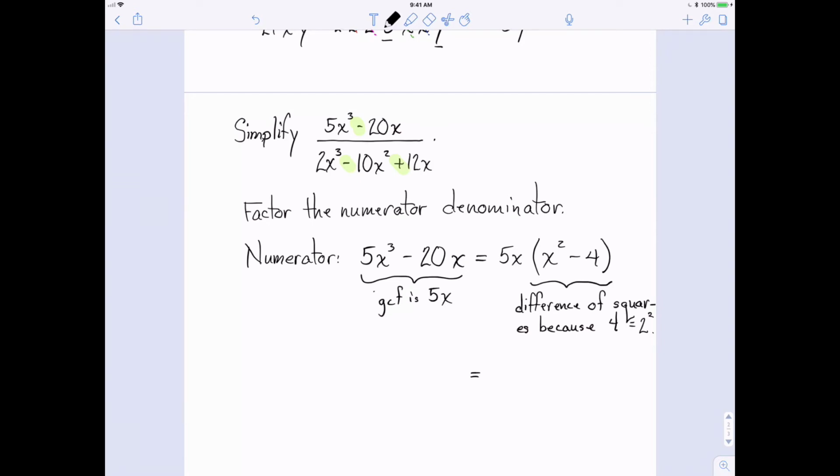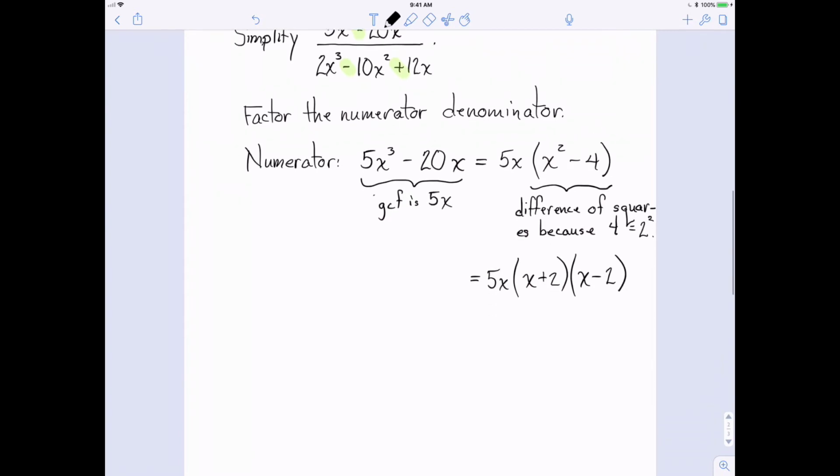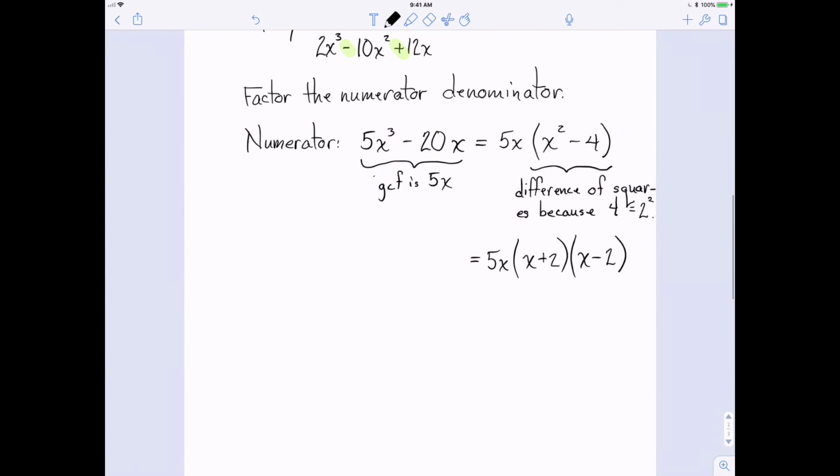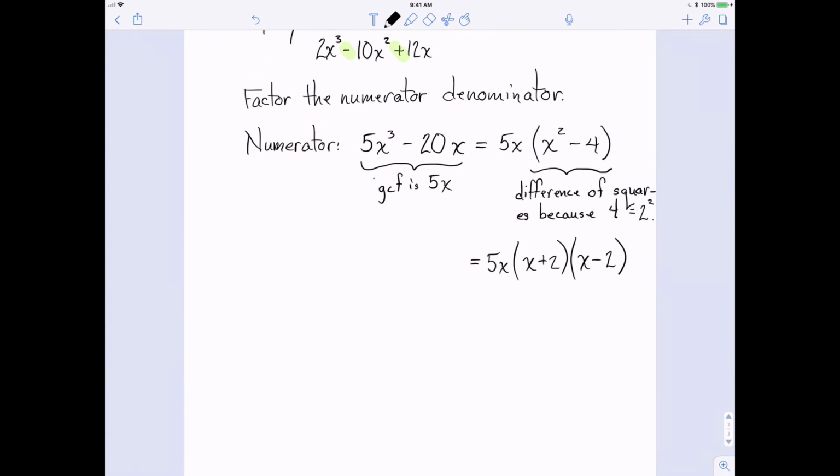So with that, we can write this as 5x times x plus 2 times x minus 2. Okay, now we have our numerator factored. So let's factor our denominator.